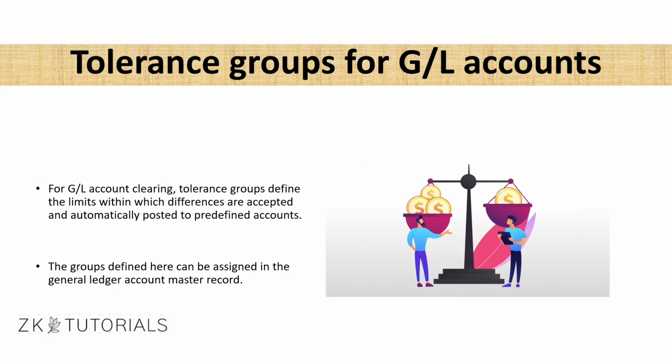If the customer pays 995 rupees out of 1000 rupees, the difference is 5 rupees only. As the difference is below the tolerance group limit, the system will accept the payment. So this configuration, to enable this type of activity in the end user activity, we need to do some configurations.